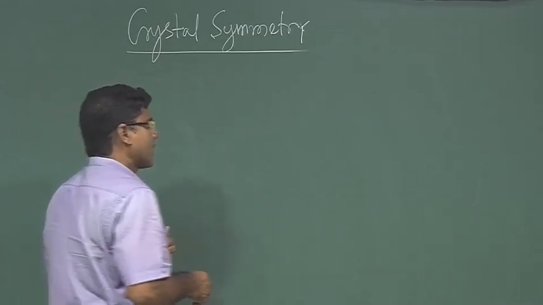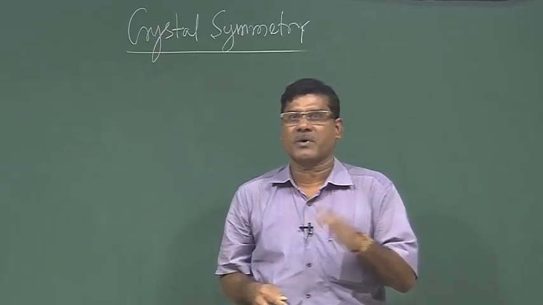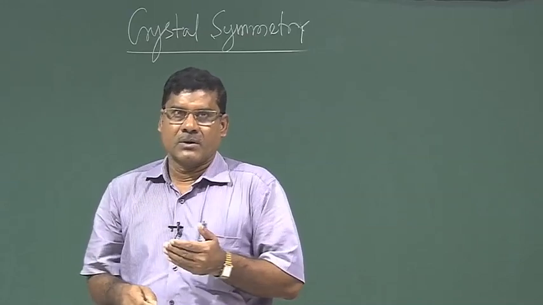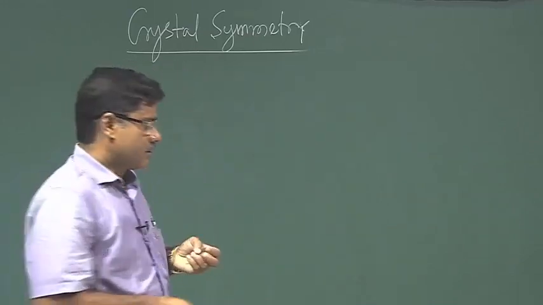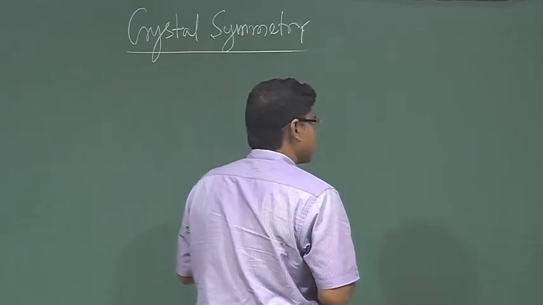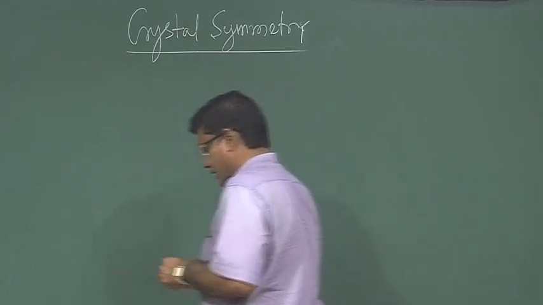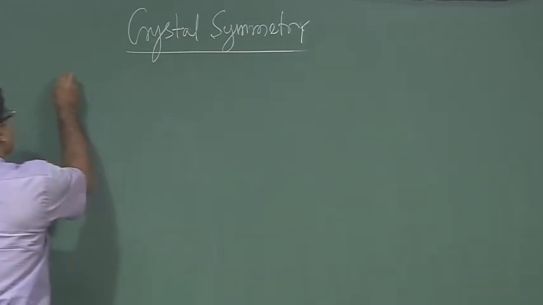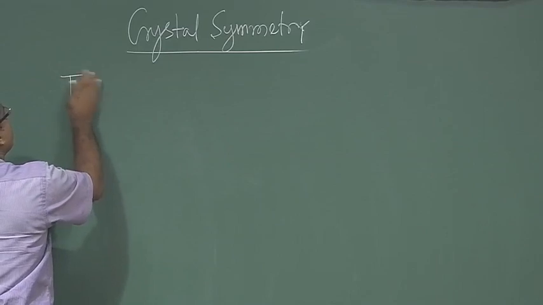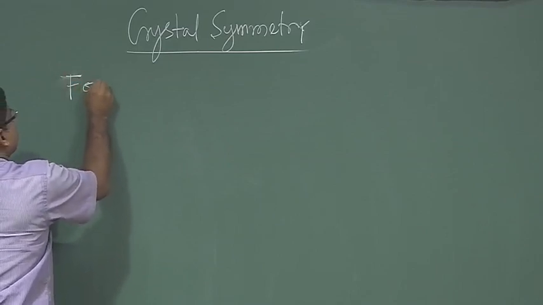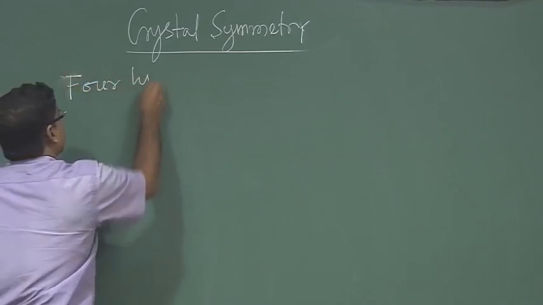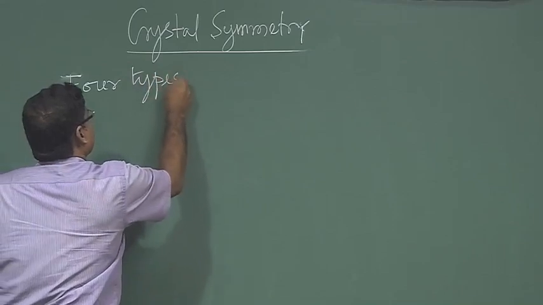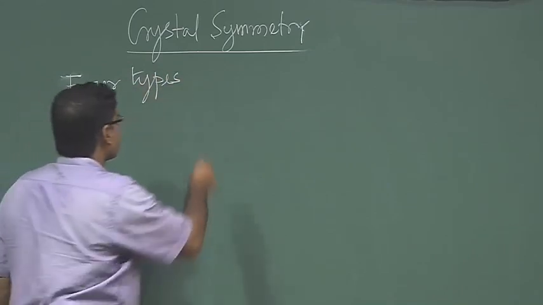So, one cannot distinguish before and after the operation. That is the symmetric operation. There are mainly four types of symmetric operation.